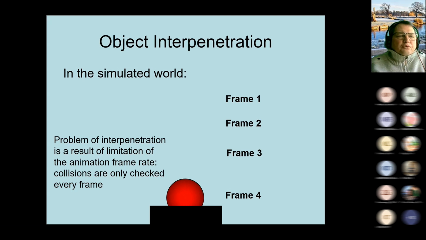And the problem of object interpenetration is that as a result of limitation of animation frame rate, collisions are only checked every frame, and we have no guarantee that our collision will be detected at the moment in which the object is really touching or starting at the collision situation.